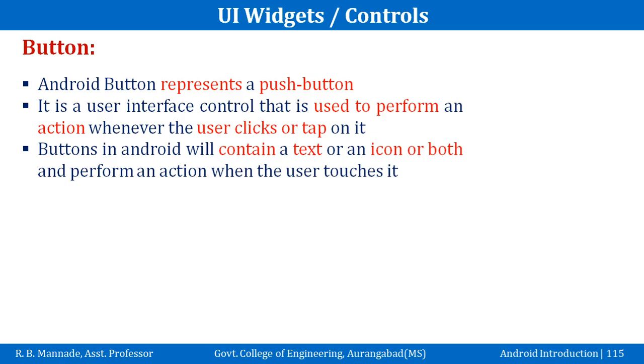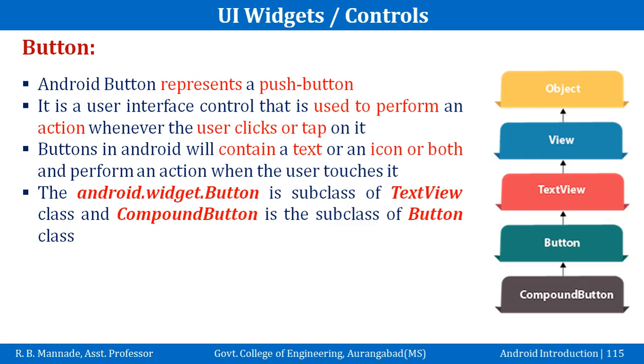For example, if we are using a button to add two numbers, its text will be add or sum. Buttons in Android will contain a text or an icon or both and perform an action whenever the user touches or clicks on that button.